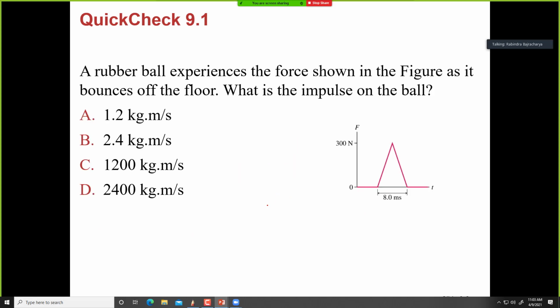Okay, next question. A rubber ball experiences the force shown in the figure as it bounces off the floor. What is the impulse on the ball? So what's the answer? Should be pretty straightforward.